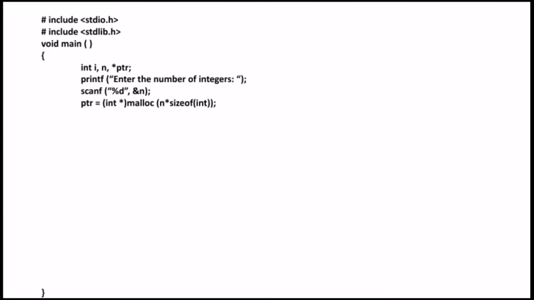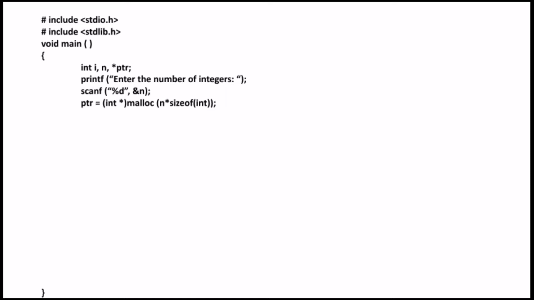So by using the malloc function we are trying to allocate memory space for integers, and the size will depend on the value of n. Suppose we give the value of n as 10, then 10 blocks will be allocated, and the starting address of that will be assigned to variable ptr.